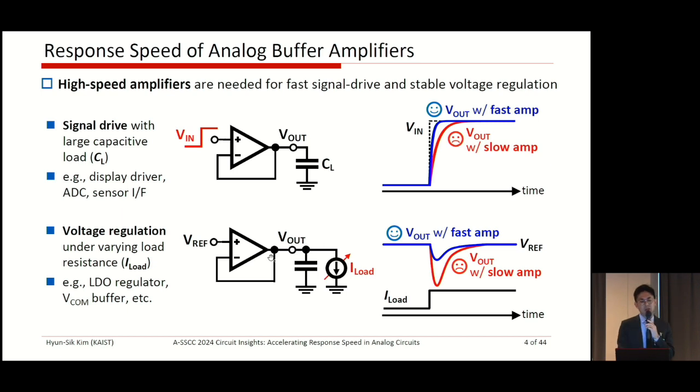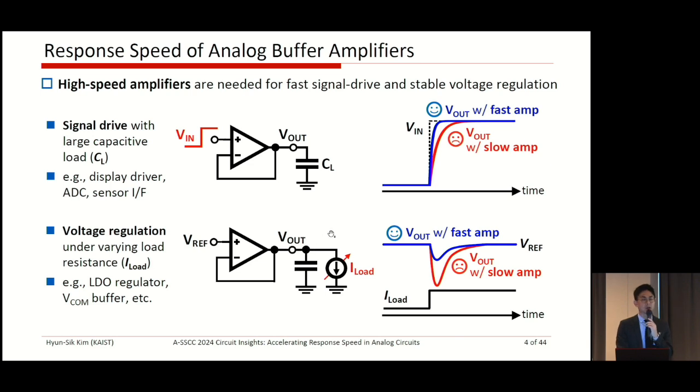If the response speed is very fast, the voltage drop can be minimized, but if the amplifier is designed to be very slow, then a large voltage drop must appear at this Vout node.